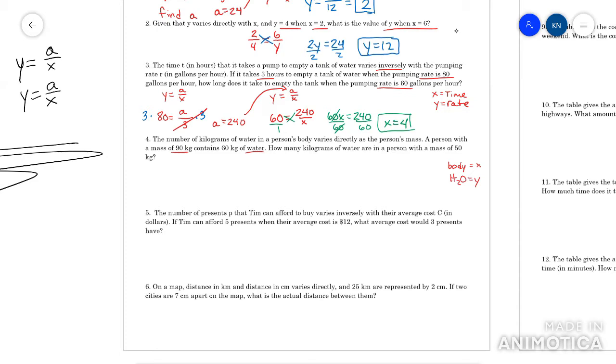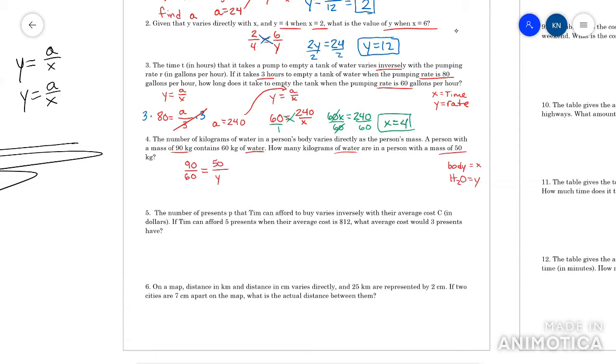All right. Again, I write it down just so I can stay consistent. So the first one, they give me body weight of 90, or body mass, I guess, and 60 kilograms of water. So that's my y. And so now it equals, they want water. So they're going to want the y. And they give me a body mass of 50.